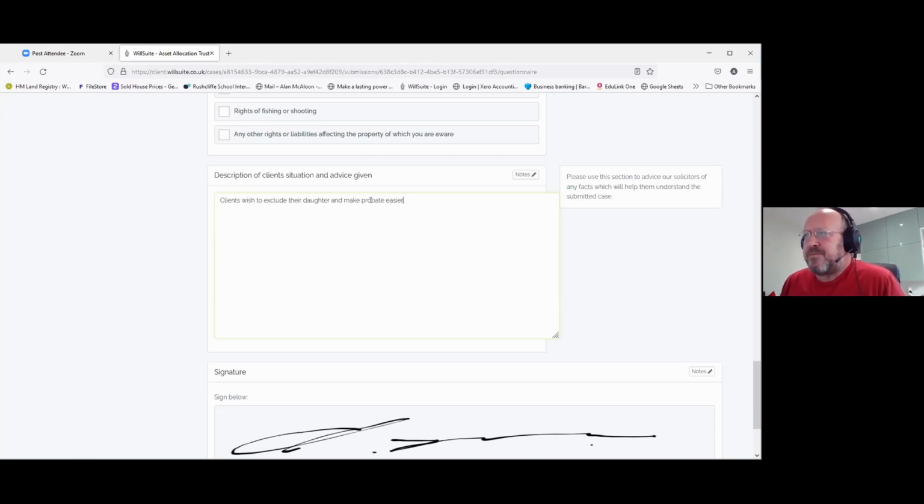Exclude their daughter. One of the benefits of putting something into a trust is after 6 years, generally any claims under IPFDA won't be able to succeed against assets that have been in trust for 6 years. It can still go to court.